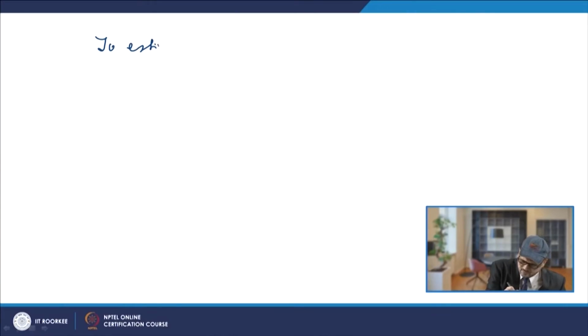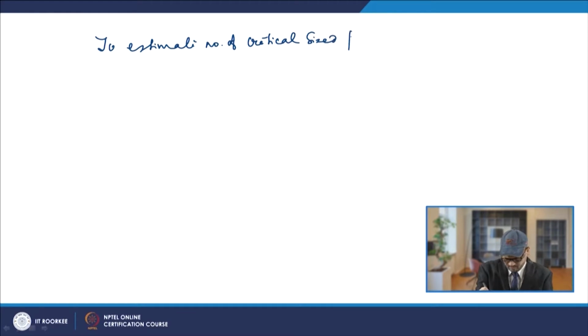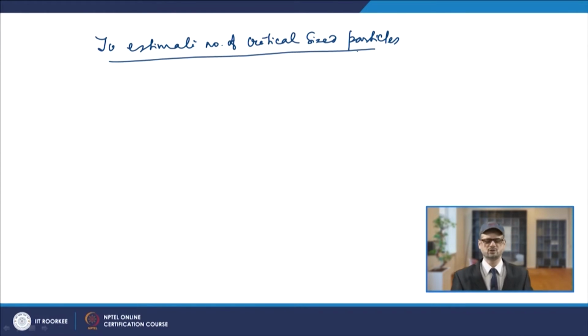So, that statistics concept is used, and from that you have to estimate the number of critical sized particles. So, what will be the number of critical size particles in the parent phase?